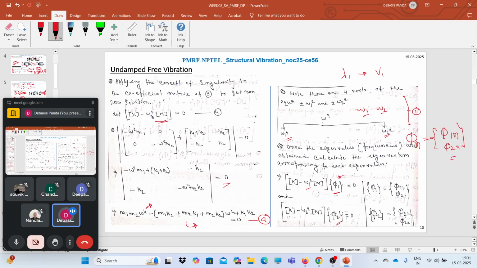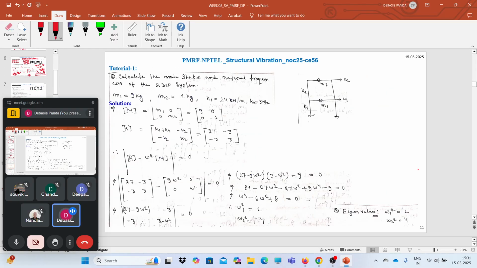Likewise, for the second frequency, we will again have two elements within the second mode shape. We will go deep into the mode shape concept a little later. We will see how we can correlate the mode shape, how to deal with mode shapes, and what that mode shape actually means.